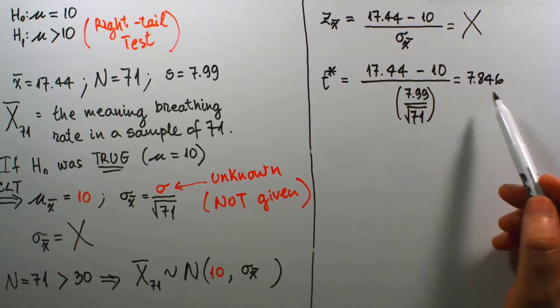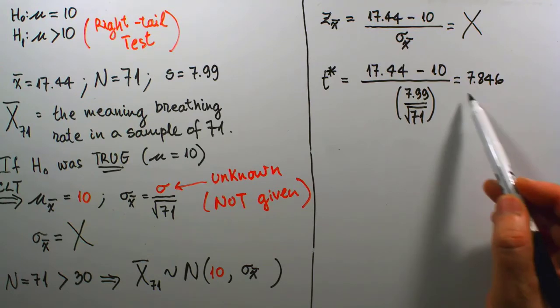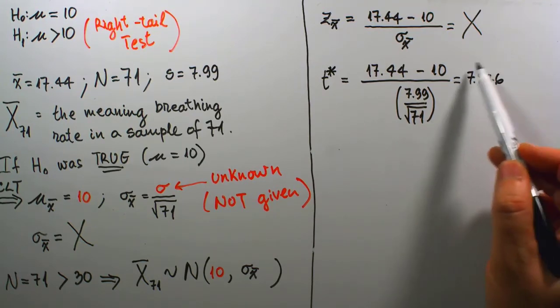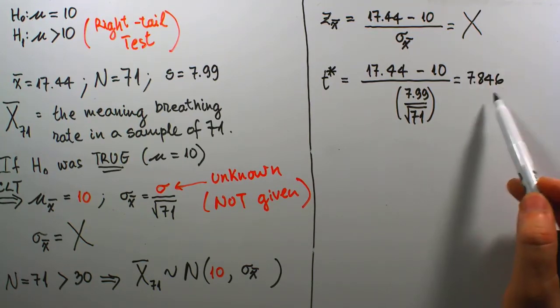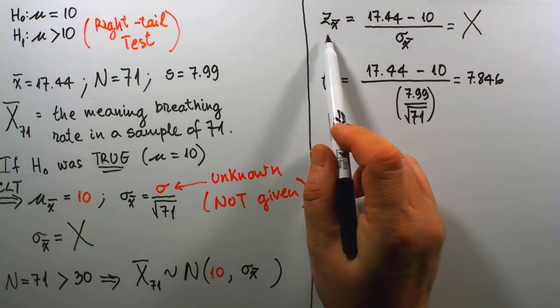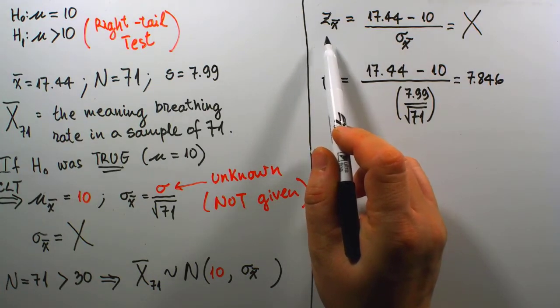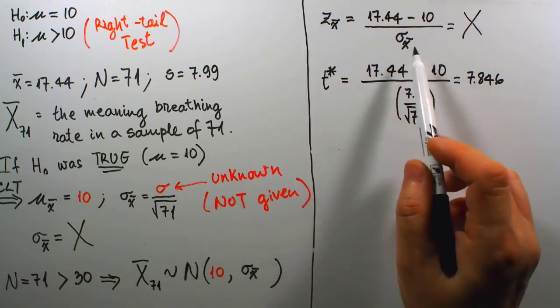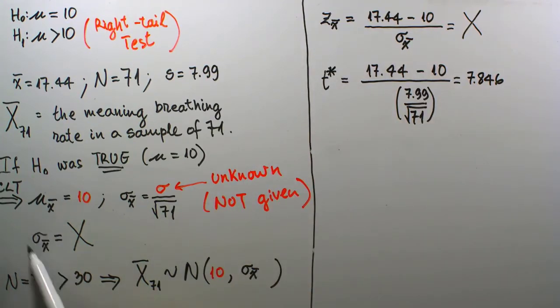But now think about the T star here simply as a close enough replacement of the Z score to our sample that we were unable to calculate due to the missing value of sigma x bar.